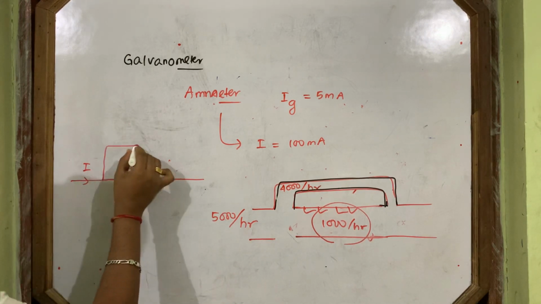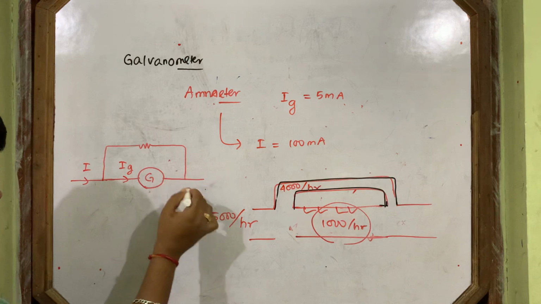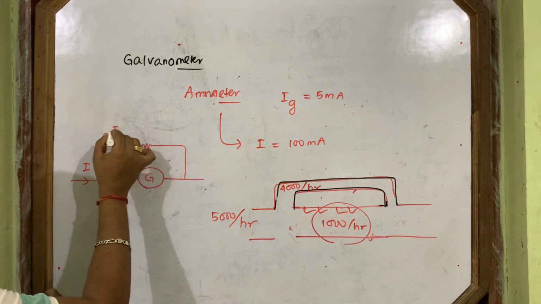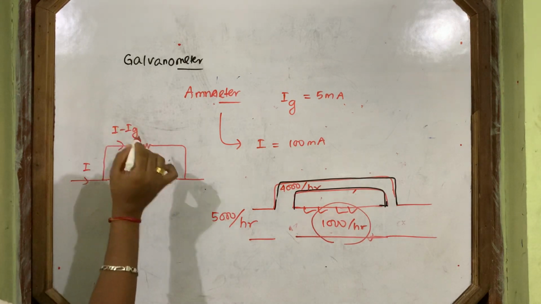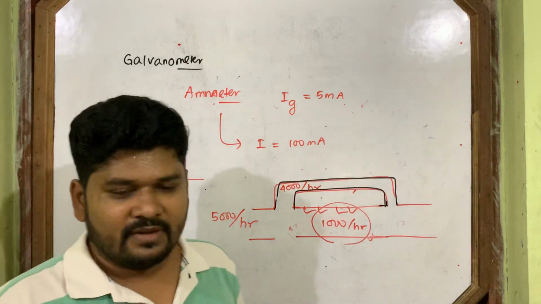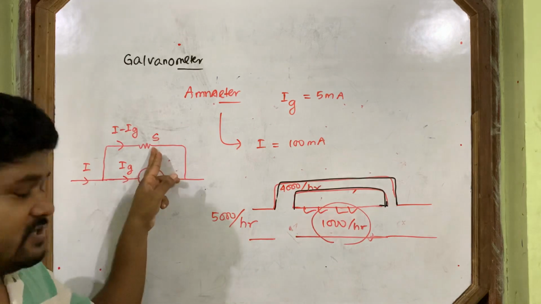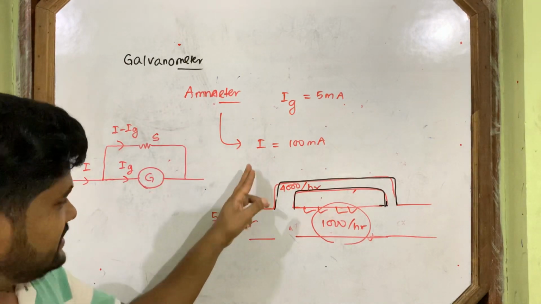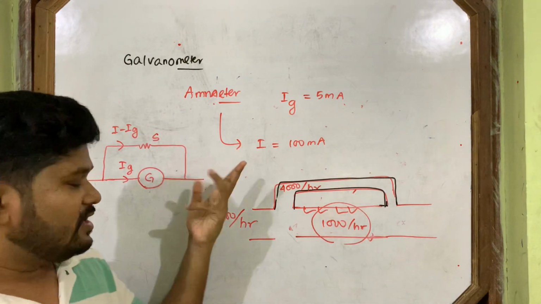We'll do a bypass. The extra amount of current, I minus Ig, will pass through here. A small resistance connected in parallel is called a shunt. The process is called shunting.